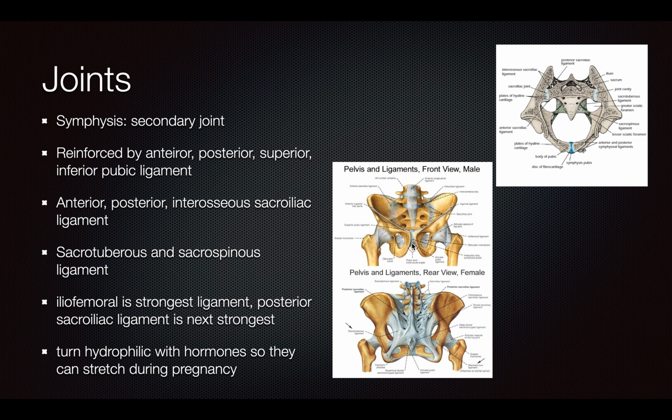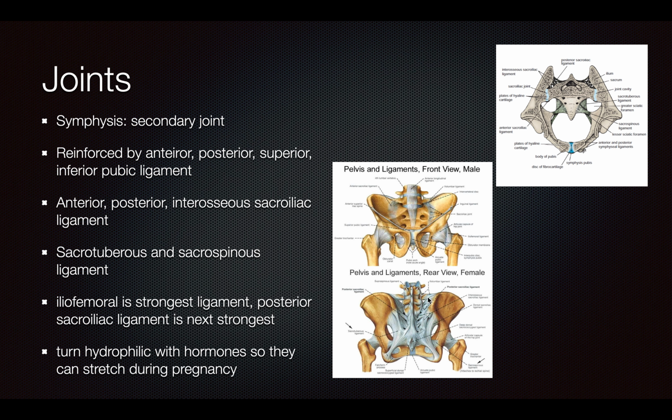And the other joints are the sacroiliac joints, with the anterior, posterior, and interosseous sacroiliac ligaments. Sacroiliac would be right here, and the joints are all covered by those ligaments. Other notable ligaments are the sacrotuberous and the sacrospinous. Here's the posterior sacroiliac ligament right here.